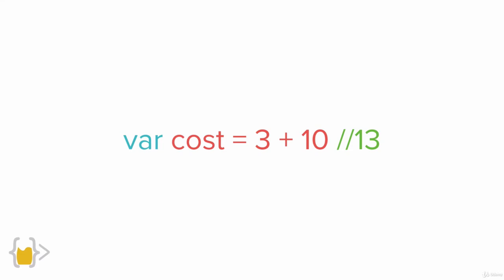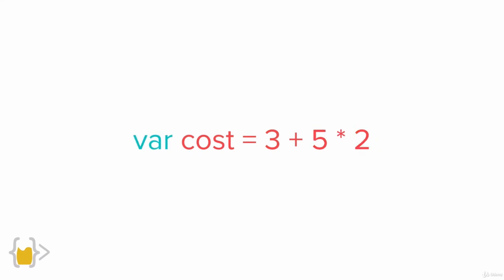Now, if we wanted to get 16 from this expression, then we can use a set of parentheses to make our intentions clear, to say that we first want to add 5 to 3 before we carry out the multiplication. And in order for your code to be easily readable and easily understood, it's good programming practice to add a set of parentheses, even when you know that the multiplication is going to happen first.